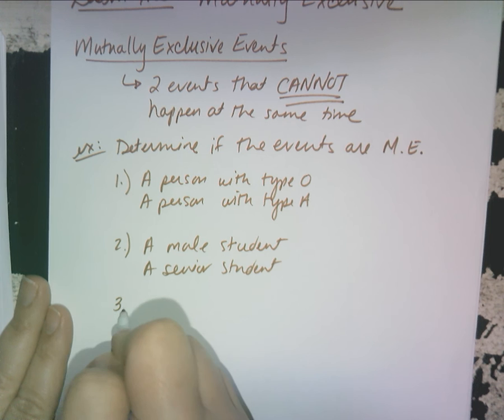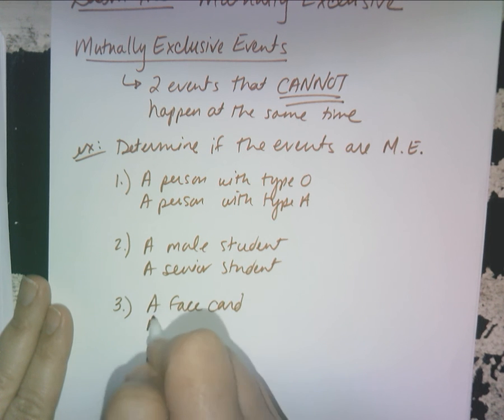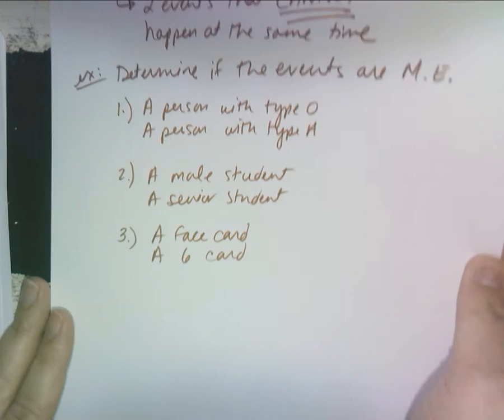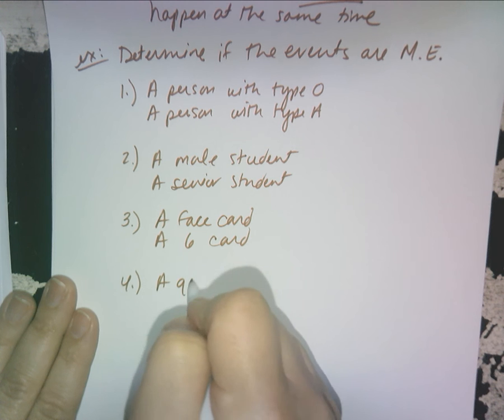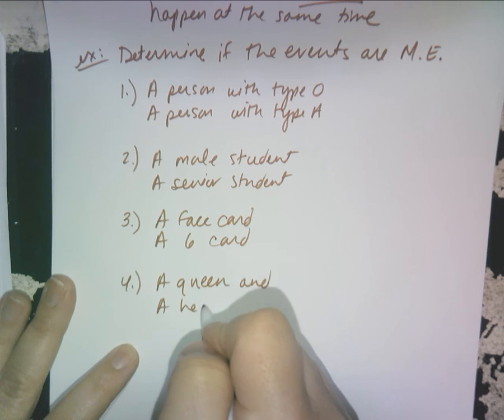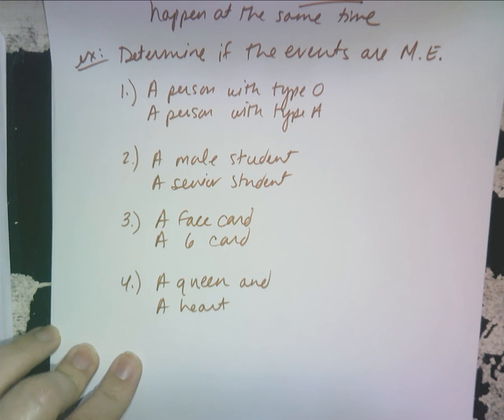You can probably figure out what these are right away. A face card and a 6 card, and we'll do one more. A queen and a heart.